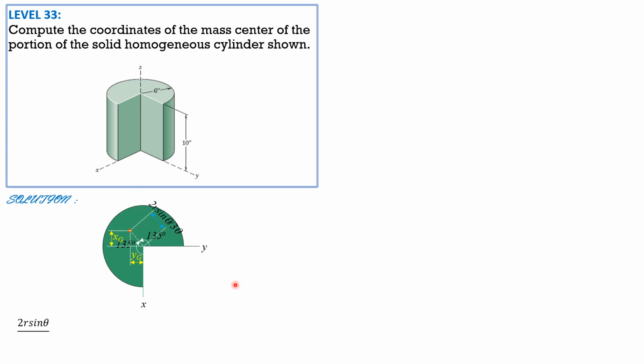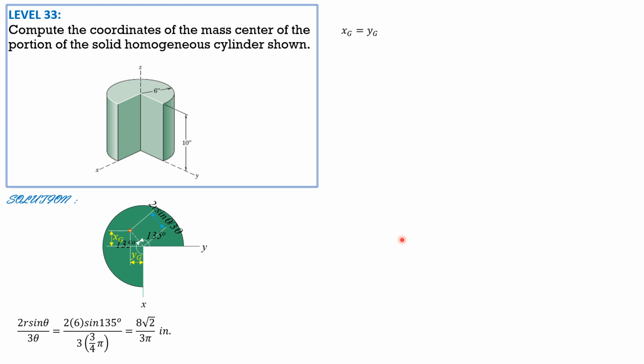So from the figure, let's evaluate 2r sine theta over 3 theta. 2 times 6 sine of 135 degrees over 3 times 3/4 pi. 135 degrees is 3/4 pi radians. So simplifying, that's 8 square root of 2 over 3 pi inches. Therefore, xg and yg can now be evaluated. It is equal to this distance, this hypotenuse, times sine or cosine of 45, negative.